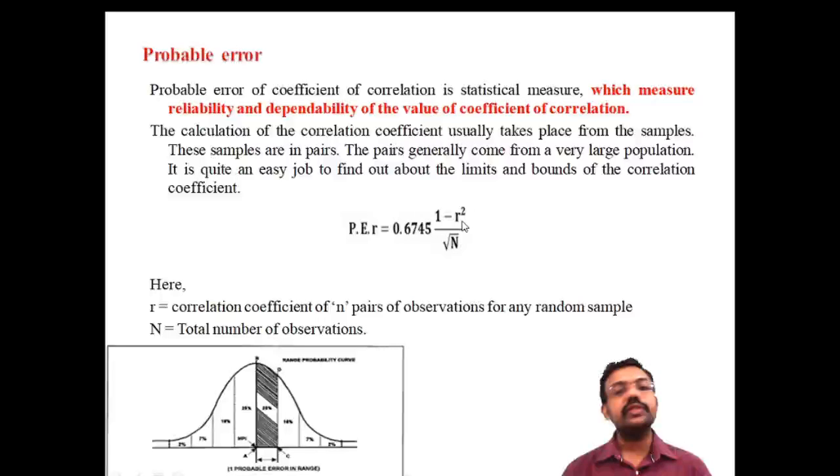r എന്ന് പറഞ്ഞാൽ coefficient of correlation. R is the coefficient of correlation of the n pairs of observations, നമ്മൾ നേരത്തെ കണ്ടുപിടിച്ചത്. അപ്പോൾ coefficient of correlation തന്നിട്ടുണ്ടെങ്കിൽ നമുക്ക് വളരെ ഈസി ആയിട്ട് probable error കണ്ടുപിടിക്കാൻ സാധിക്കും: 0.6745 into (1 minus r square) divided by root n.